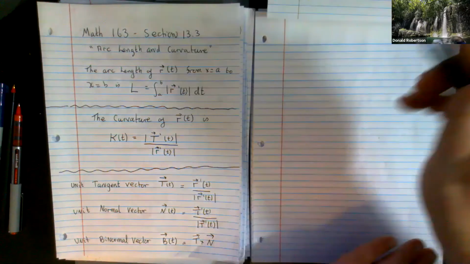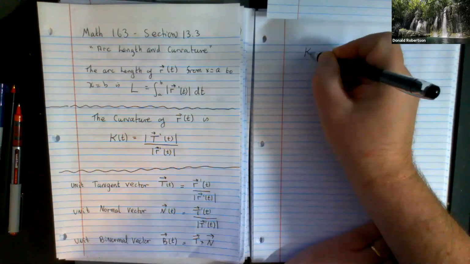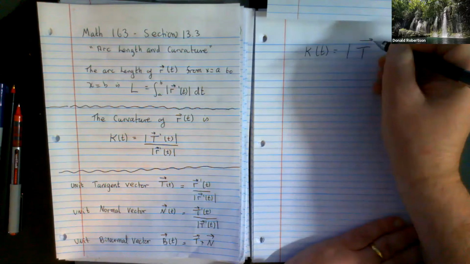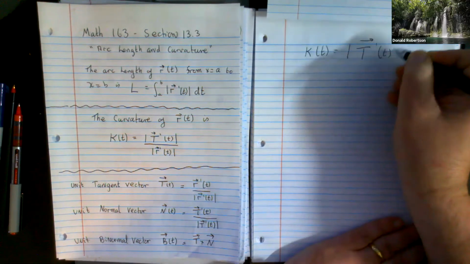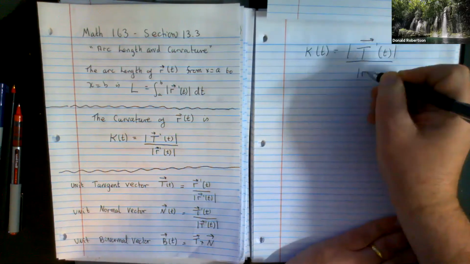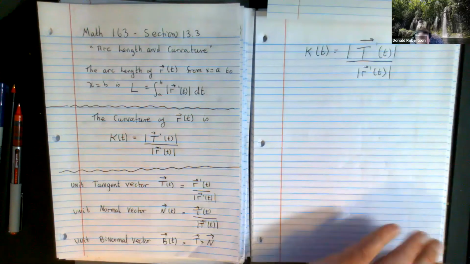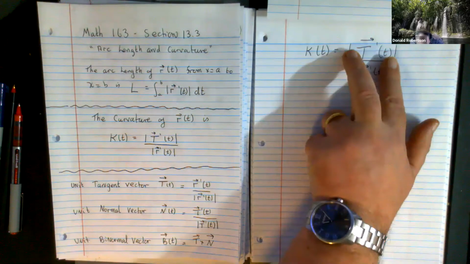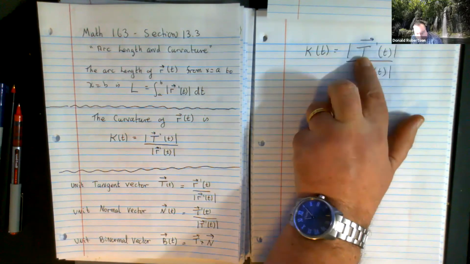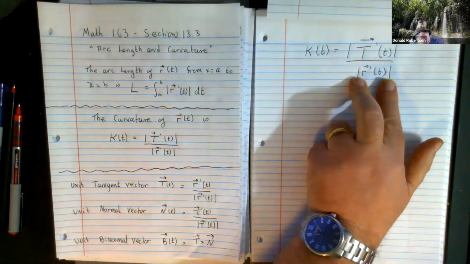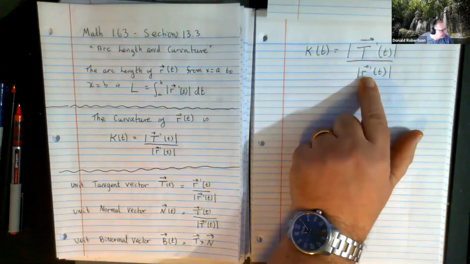Well, there's a couple of formulas, but the one we're going to use, so that we only need to remember one formula, is this one. This means the magnitude of the derivative of the unit tangent vector, and this is the magnitude of the derivative of the space curve R.